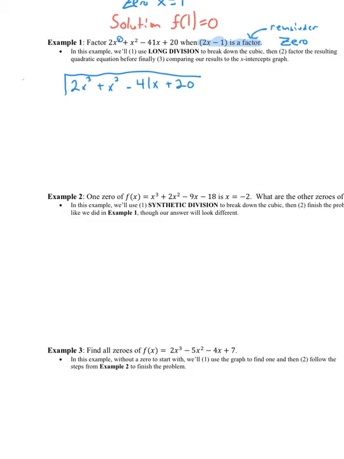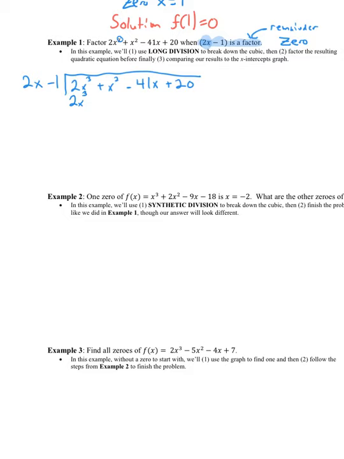Perfect. I'm going to need to use polynomial long division here, not the synthetic division that we did last time. And the reason is right here: I have a 2x. Remember we said that synthetic division doesn't seem to work when we have a number other than 1 in front of that x. So I've got this 2x cubed. I want to get 2x cubed below it so I can subtract eventually.